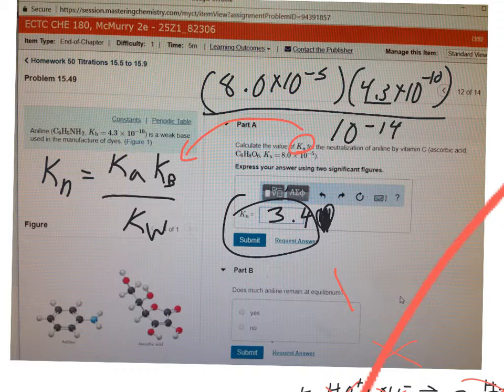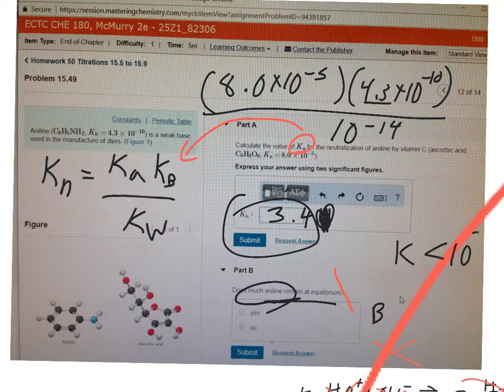Now, they ask how much alanine remains at equilibrium. What's your alanine? Well, your alanine is your base, so it's going to be the bottom part of your fraction. What I hate is they ask, does much. Remember when we were talking about equilibrium constants, and we went to the thousands?